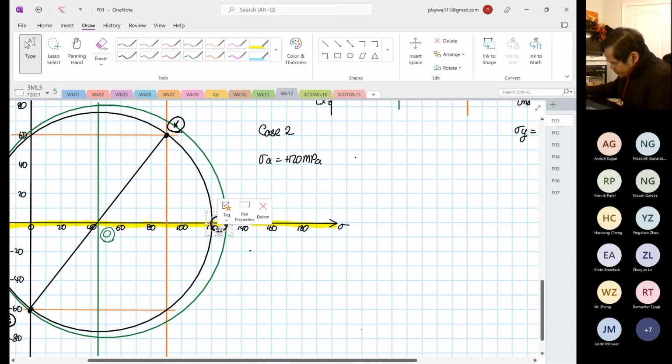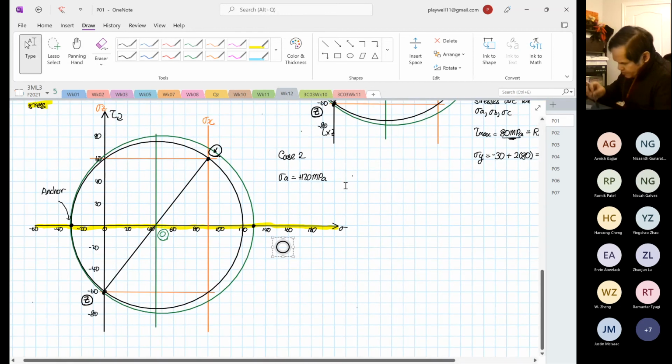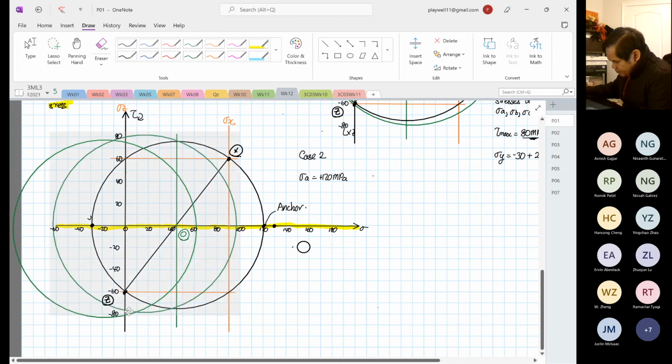I'm going to move this now. If I were to zoom out, okay. What we are going to do now is shift the anchor. This point over here is going to be our anchor now. And then you just move the circle.